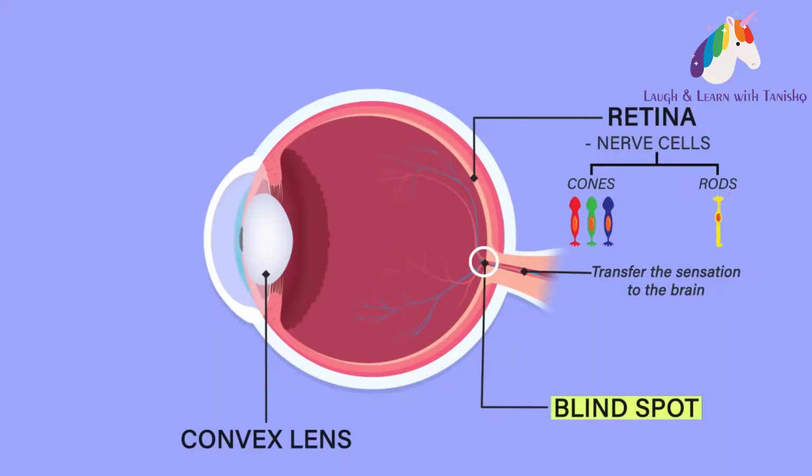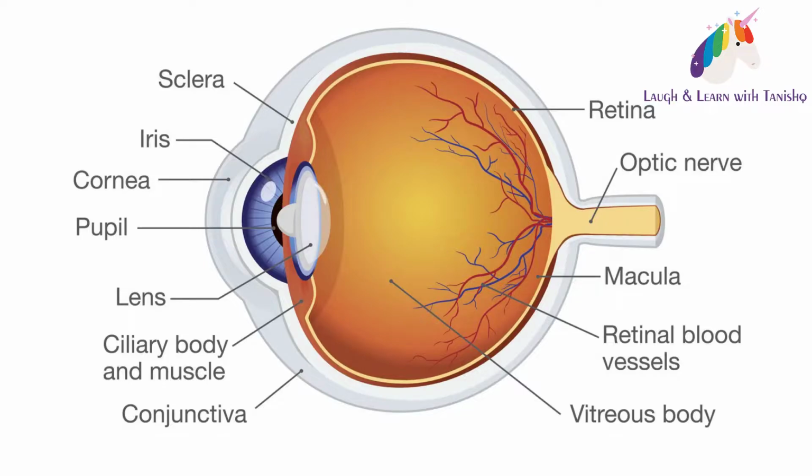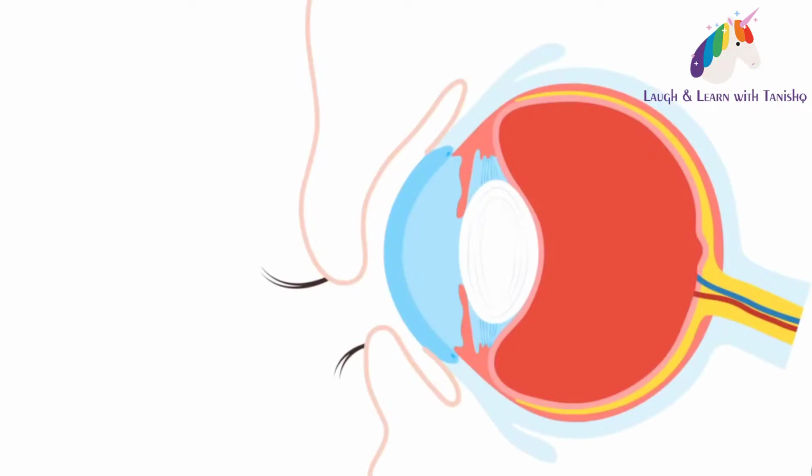At the junction of the optic nerve and retina, there are no sensory nerve cells. So, no vision is possible at that point and is known as a blind spot. The conjunctiva is a thin mucous membrane that lines the inside of the eyelids and covers the sclera.